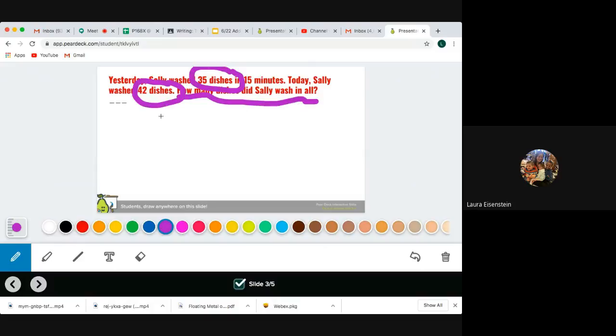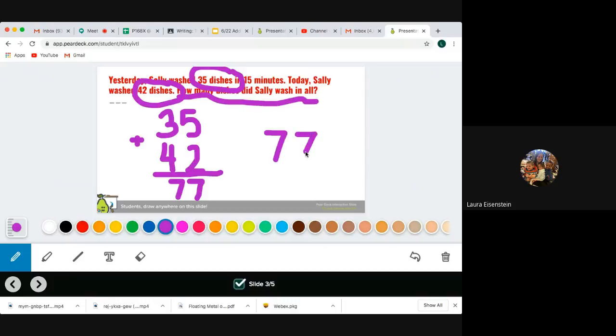So I'm going to add my 2 numbers, 35 and 42, making sure that I line up my numbers correctly in their proper place value column. So I have 5 plus 2 is 7, and 3 plus 4 is 7. So how many dishes did she wash in all? She washed 77 dishes.